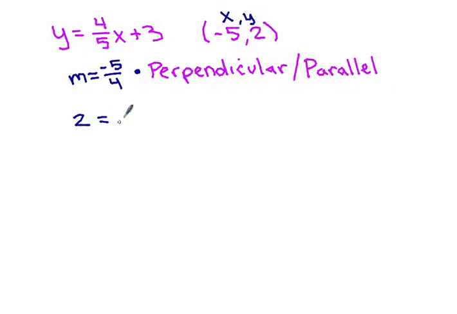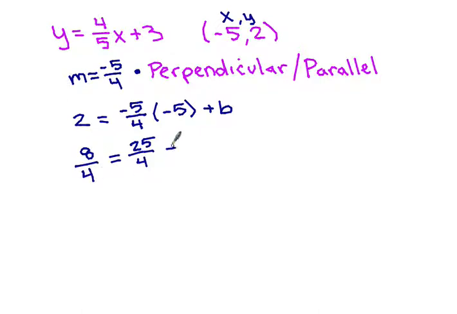So 2 is going to equal -5/4, which is my slope, times x, which is -5, plus our unknown, which is our new y-intercept. And now we only have a single variable, so we can go solve for it. This is going to turn into 25/4 equals 2, which how many fourths is 2? 8/4, plus b.